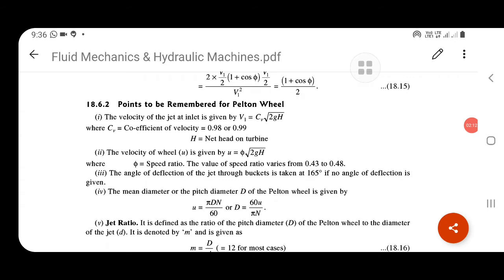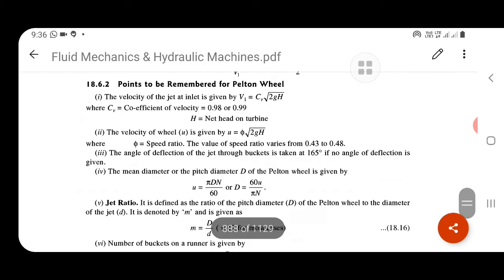These are very important points for problems on the Pelton wheel.